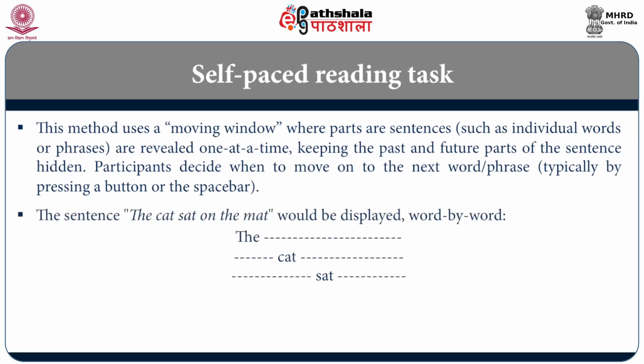If the sentence is, the cat sat on the mat, on the computer screen you see the, then when you're ready you press, then you get cat, when you press again you get sat. So it is self-paced reading. How long you take to read and move on to get to the meaning of the whole sentence.